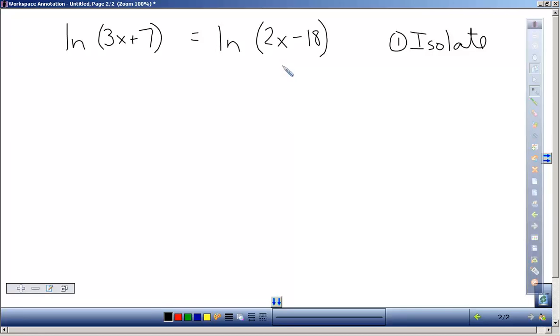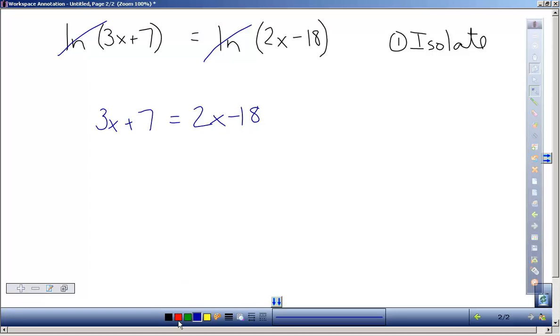And I'm remembering, if I have the same base on both sides, they just cancel. So if I have log base e over here and log base e over here, they cancel each other out, and all I'm left with is 3x plus 7 and 2x minus 18. And then I just solve whatever equation is left here.